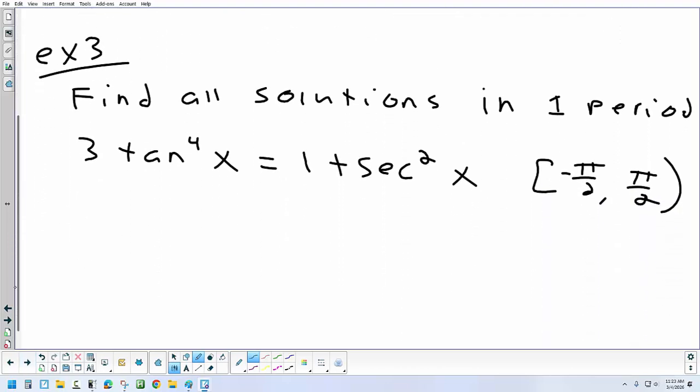All right, let's try this one. This one says to find all solutions from -π/2 to π/2. All right. Any thought what we're going to do first to get this set up to solve?